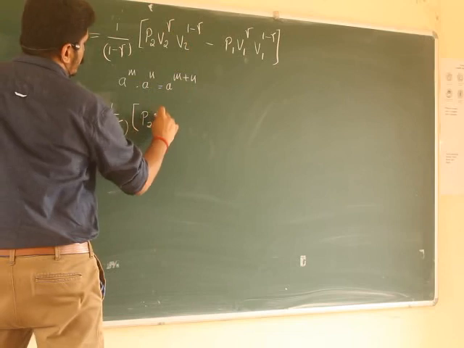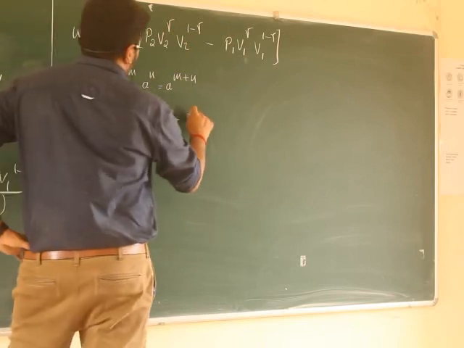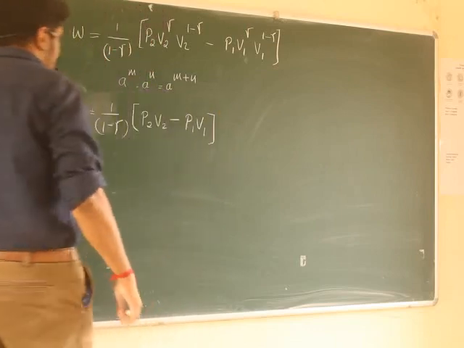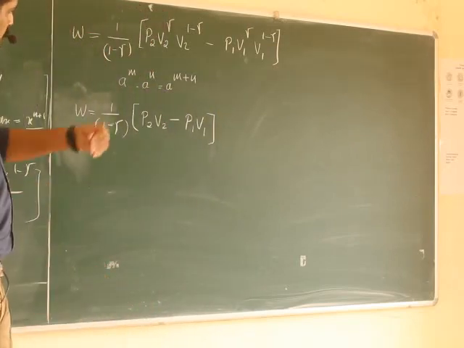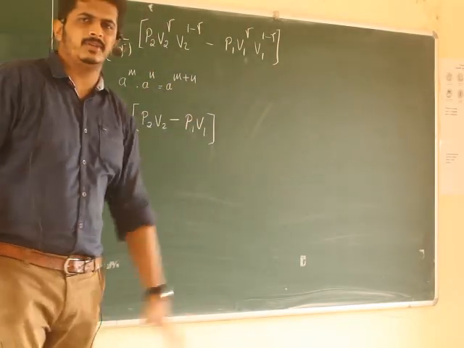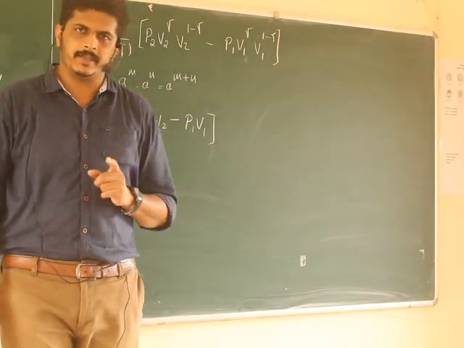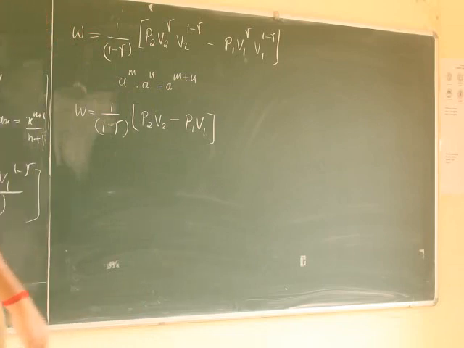It becomes P2 V2 minus P1 V1. That means final pressure and volume product minus the initial P1 V1. Like that we are getting right now. Correct? So go through it. Hope you are able to understand what substitution I have done there.